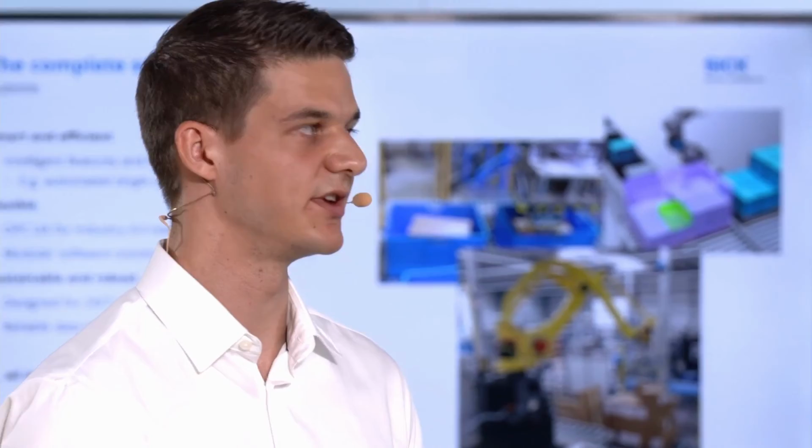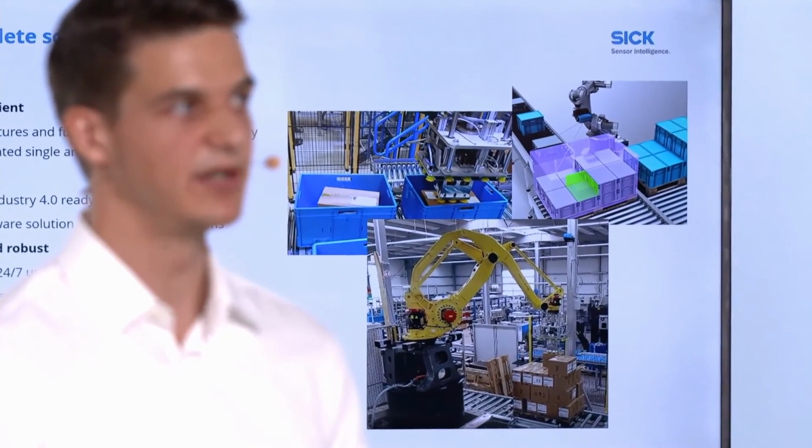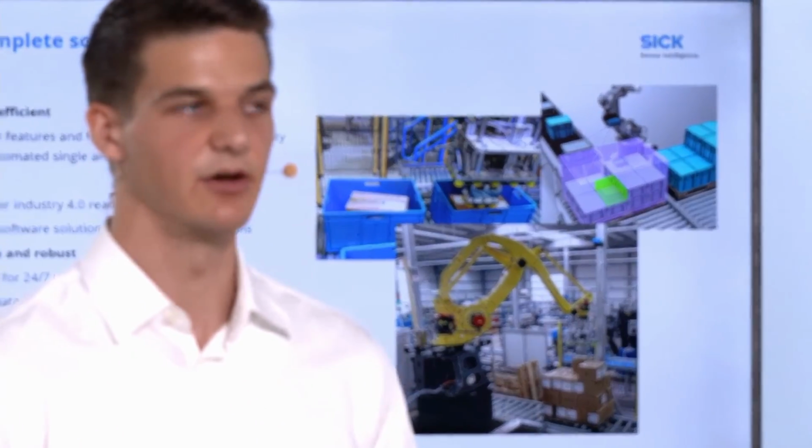And if you compare it to some other solutions on the market, we can nearly double the pick rate of other solutions that are available. Due to the flexibility of mounting it statically over the robot cell or on the robot arm, we can again speed up this process and really make use of this high pick rate, because the picking is only as fast as the robot is.